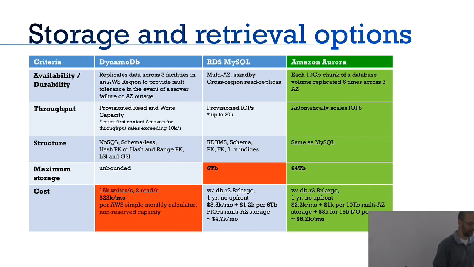Absolutely. So Aurora is kind of Amazon Engineering's attempt at placing MySQL on steroids. There's all kinds of capability that they give Aurora, both from the fact that when you write anything to it, it's basically replicated 6 times across 3 availability zones, so you get lots of redundancy there with your data.